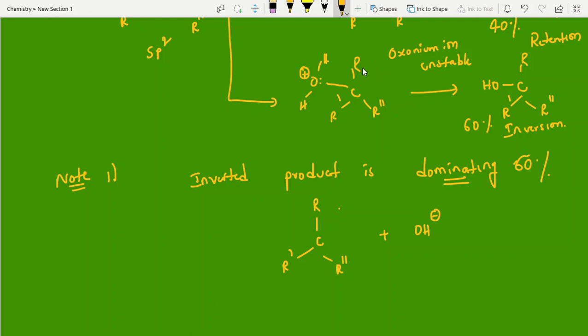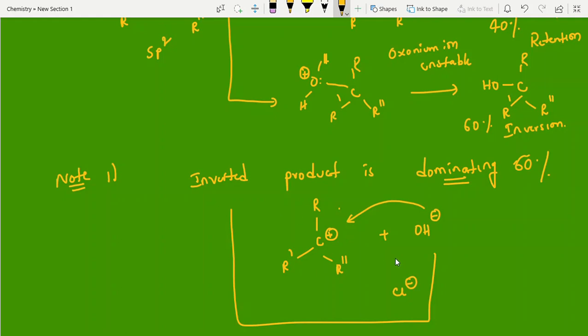Both examples they give. Here plus is there, no? He is going and attacking here, but in the vessel, Cl minus is still there. Cl minus we have just removed from the substrate, but not removed completely from the vessel. It is there in the vessel itself.